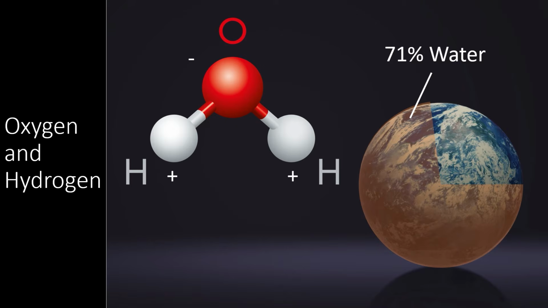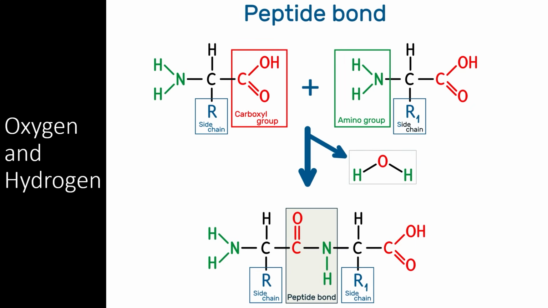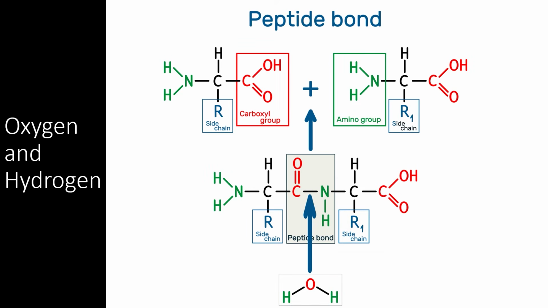This polar property not only makes water a great solvent, but many molecules utilize this property to create more complex reactions. For example, many large, complex biological macromolecules are created using dehydration reactions, and the same molecules are broken apart by hydration reactions. We will cover these reactions in detail in section 1.3.